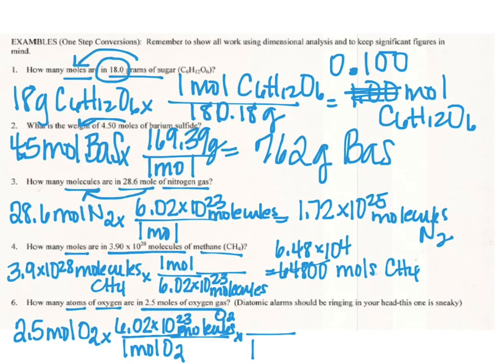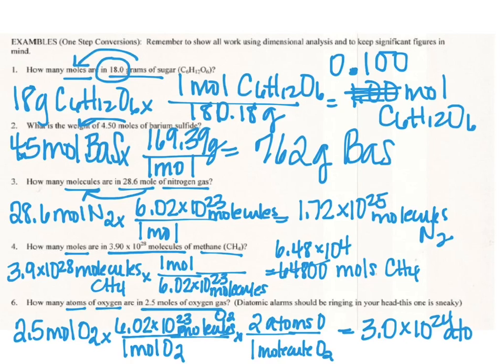And we know that for every 1 molecule of oxygen, how many atoms of oxygen are there? 2. So there are 2 atoms of oxygen. So to 2 sig figs, I get 3.0 times 10 to the 24th atoms of O.